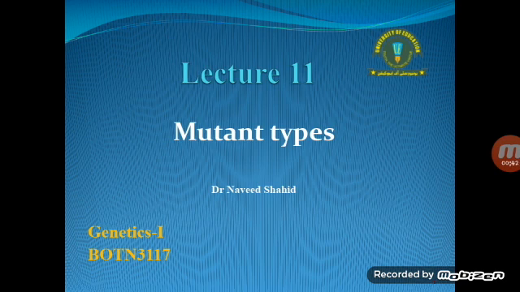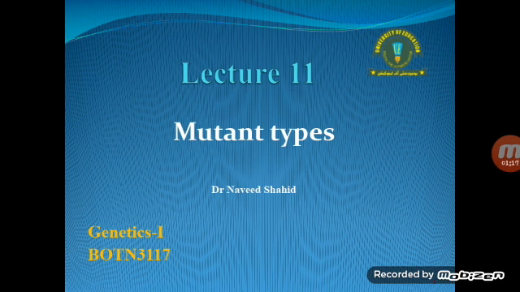Actually, what is a mutant? Mutant and genetic variant is the same thing. Mutants are those organisms which are phenotypically different from the wild type individual due to the genetic change.